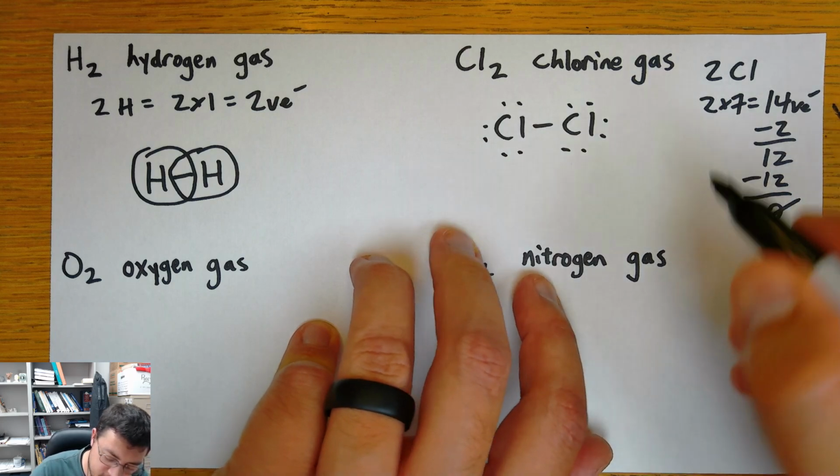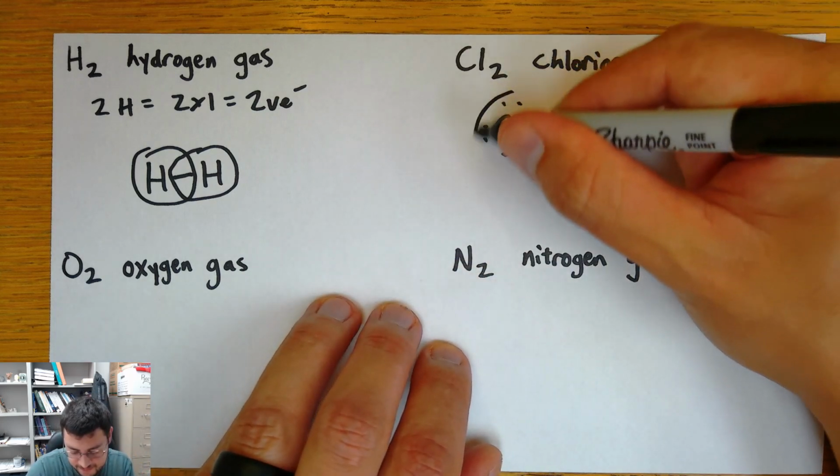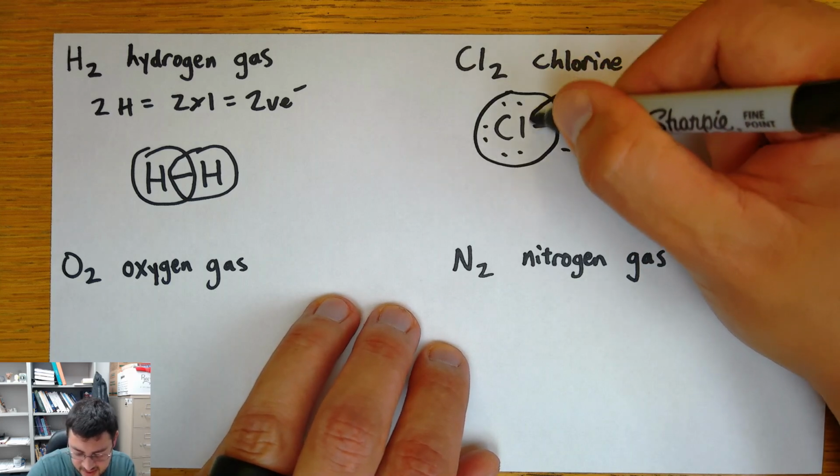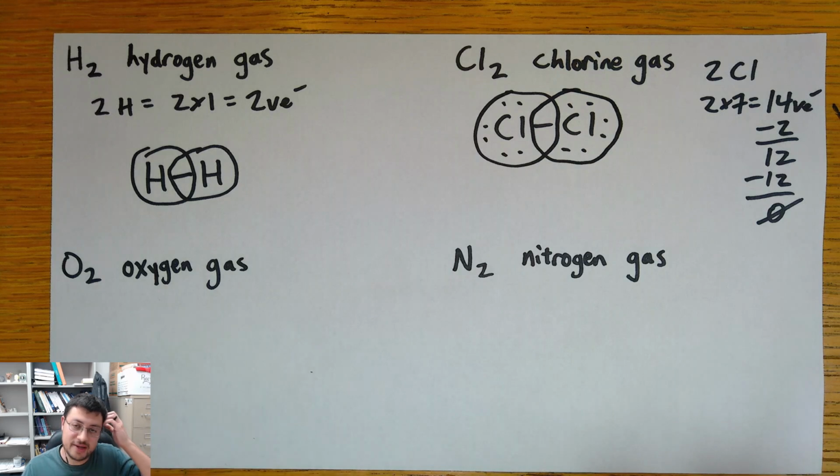Done. Are they octeted? Yes, they are. 8. 8. It's often a good idea to double check your octets, even if it feels like the molecule clicked together so fast. Just good to be on the safe side.